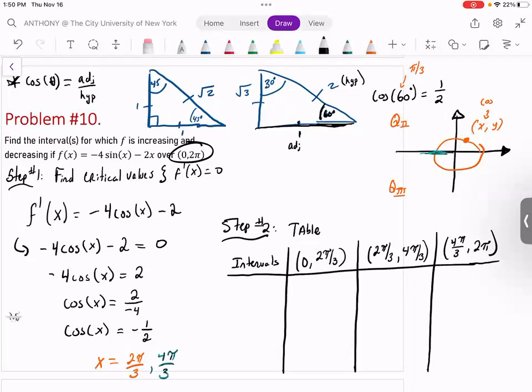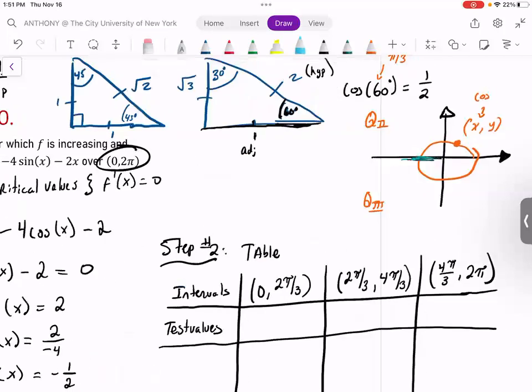Now, from each interval, you can choose a test value. In radians, you could use test values that are basically angles that lie on the axis. For example, if somewhere here was 2 pi over 3, then from 0 to 2 pi over 3, I can choose this angle, which would be pi over 2.